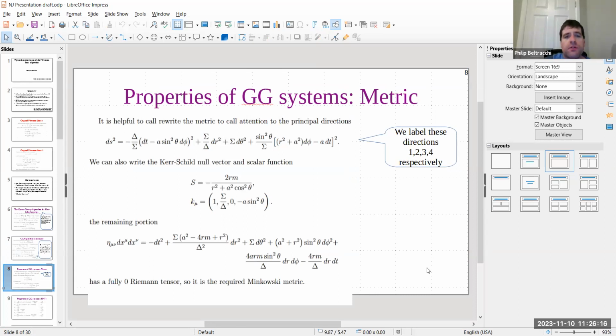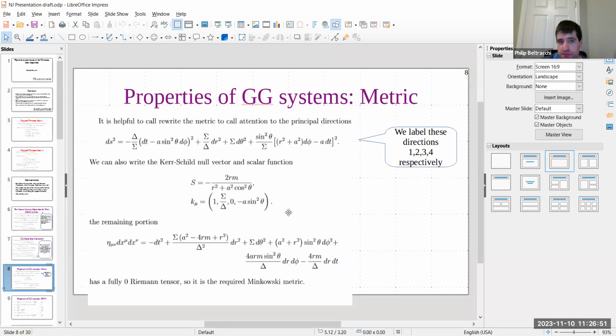We can draw attention to these principal directions, which we'll call 1, 2, 3, and 4. In the non-rotating, a goes to 0 case, direction 1 is just the t direction, and direction 4 is just the phi direction. The directions 2 and 3 are the r and theta directions regardless. It's also helpful to write the Kerr-Schild scalar function and the Kerr-Schild null vector.